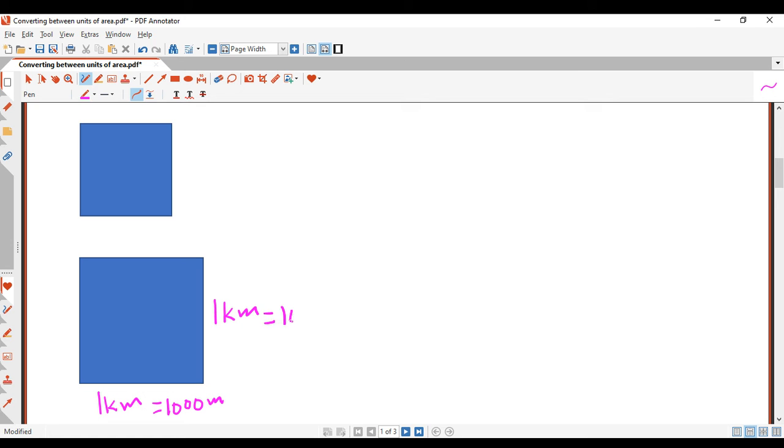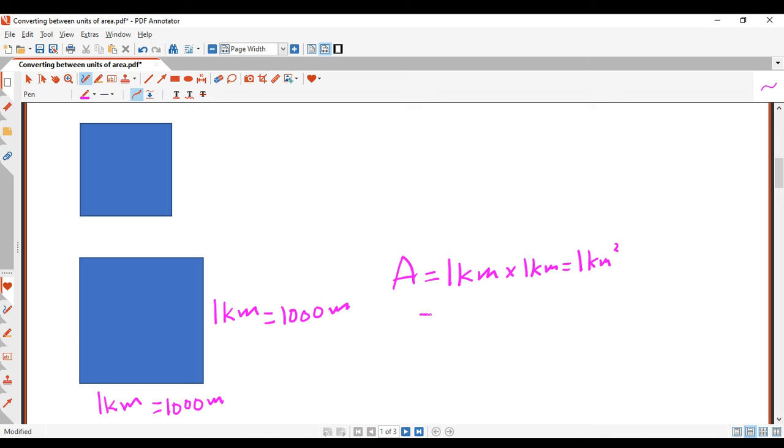So let's work out the area of this square. Base times height. Let's do it in kilometres first. So the base is 1 kilometre times 1 kilometre, which is 1 kilometre squared.